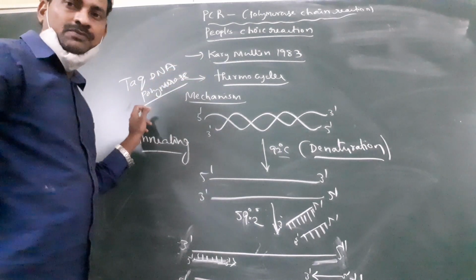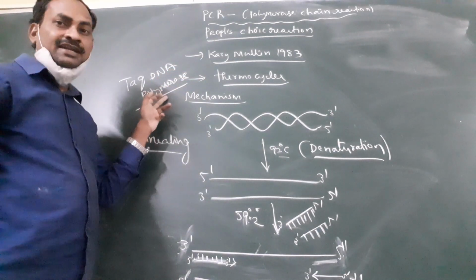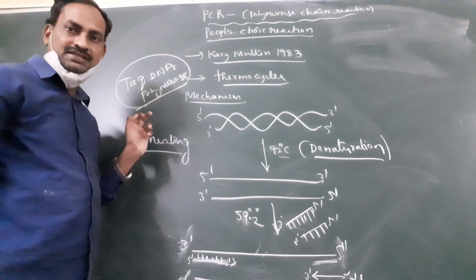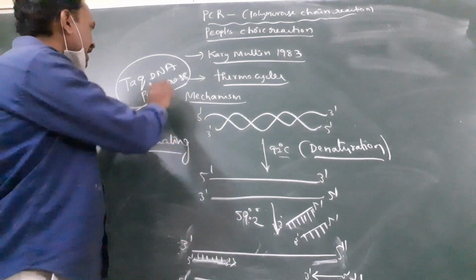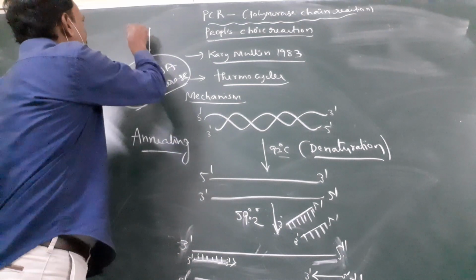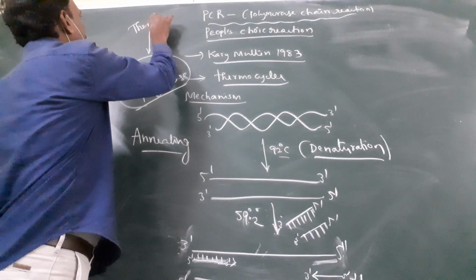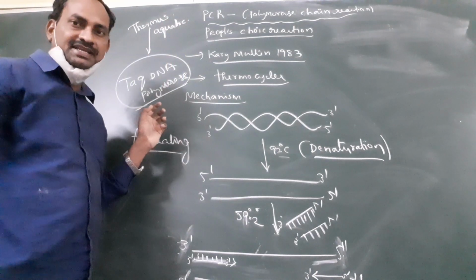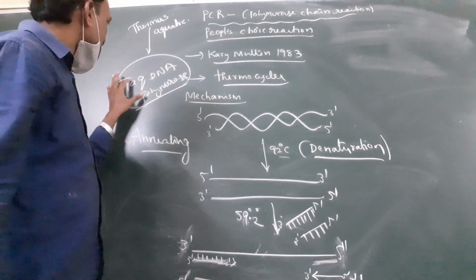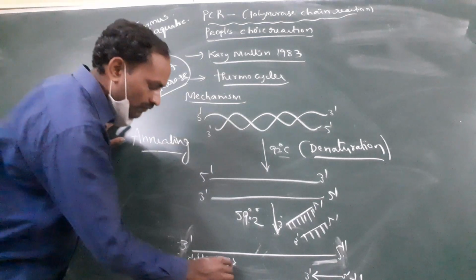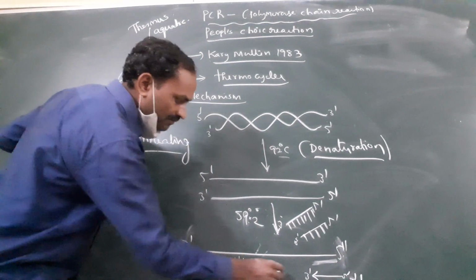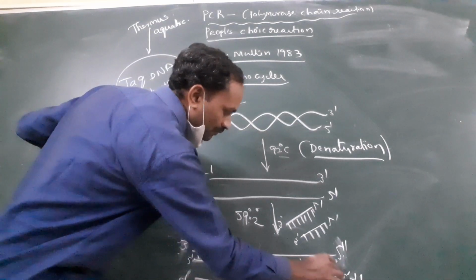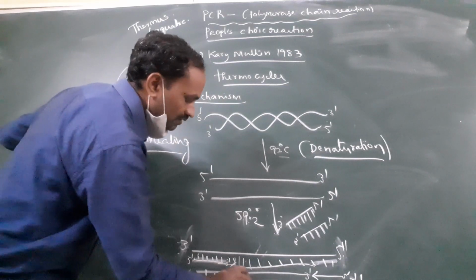This Taq DNA polymerase can resist high temperature. It was extracted from Thermus aquaticus, an archaebacterium. This Taq DNA polymerase now extends the 3' end of the primers. So like this, the extension.